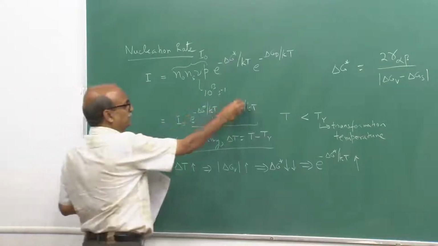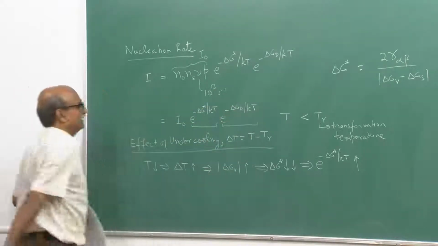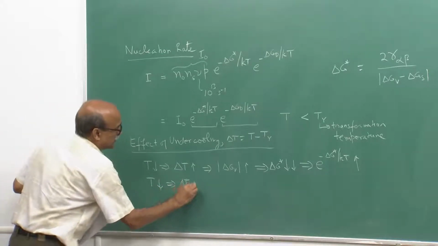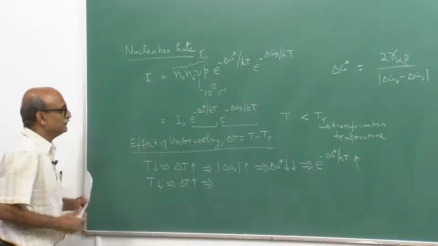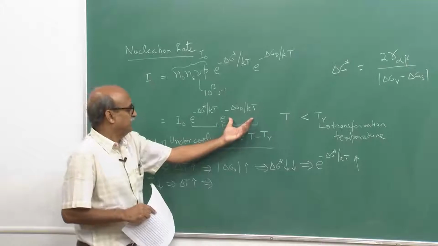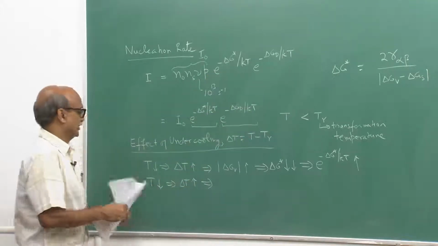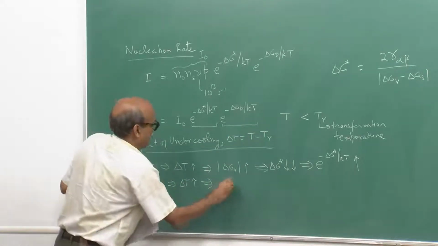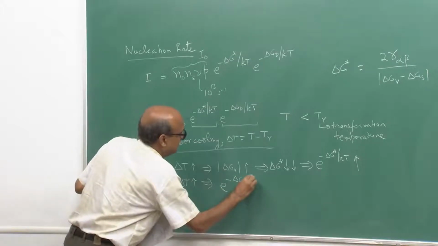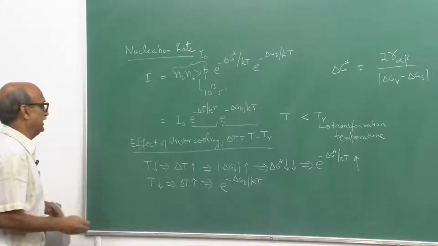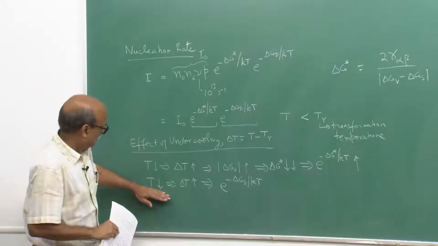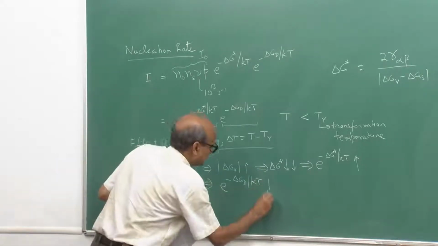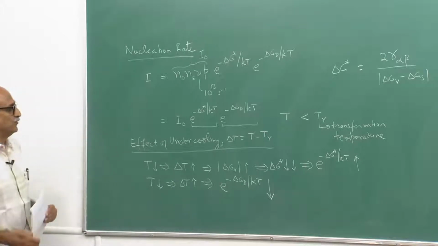If we assume that delta GD is more or less a constant, then the effect of reducing temperature or increasing undercooling would result in this term reducing, because as e to power minus delta GD divided by kT, as temperature becomes smaller, this becomes more negative, and hence this term would reduce.